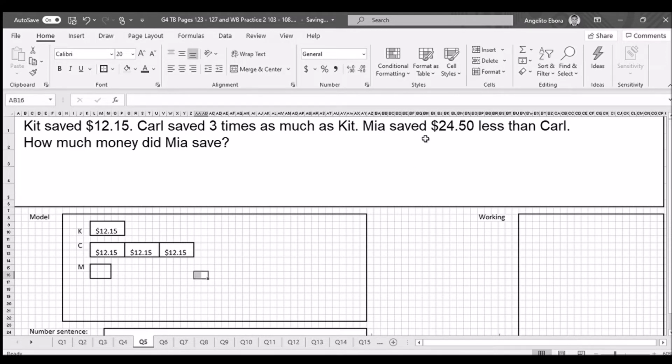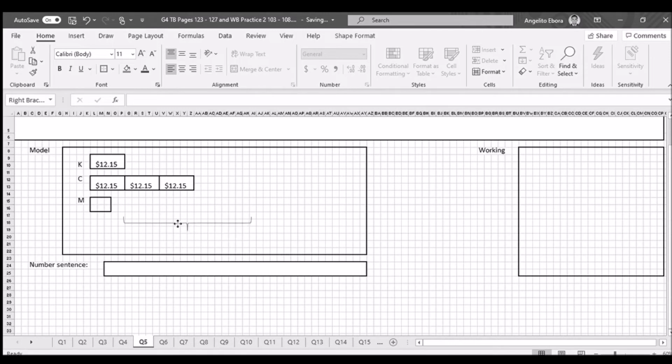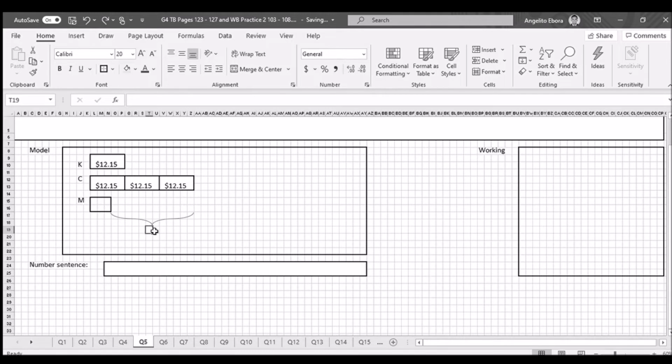Since Mia has less, how much less? $24.50. Okay, it says $24.50. Move. $24.50.